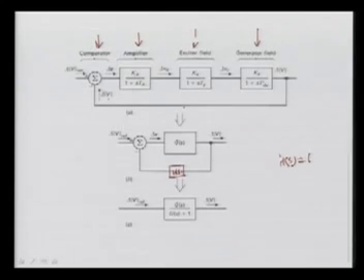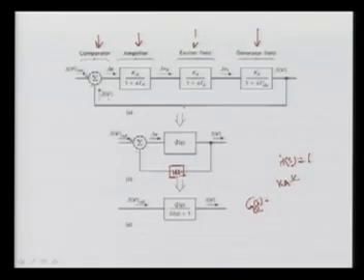If we combine everything completely, G(S) is the total open loop transfer function, normally called OL, which is KA into KE into KF divided by all these time constants: 1 plus S TA, 1 plus S TE, and 1 plus TDO prime S. So this is the transfer function.